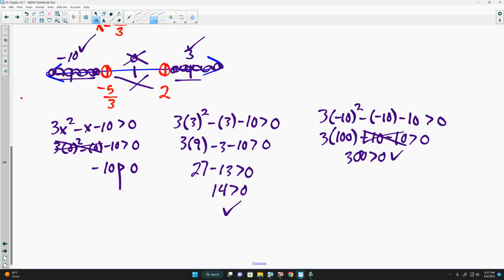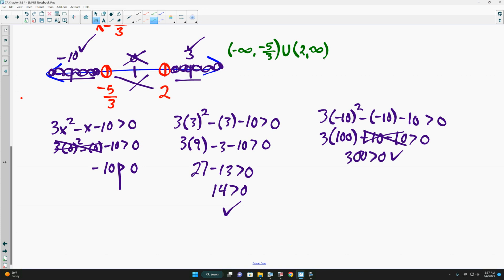Now in interval notation, we just write this as an interval. So the smallest number we have is negative infinity, comma, negative 5/3, union, 2, comma, infinity.